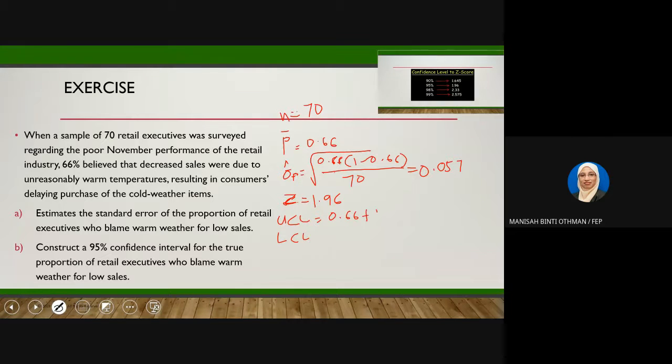0.66 plus 1.96 times 0.057. And 0.66 minus 1.96 times 0.057. So what's the value for the upper control limit?